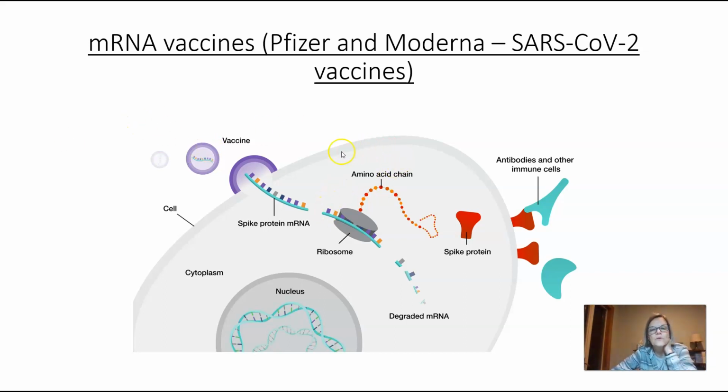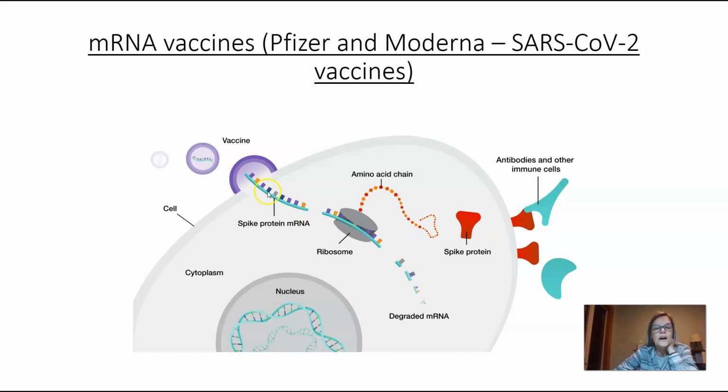So this would be like a muscle cell or an immune cell that this mRNA gets in. So here's that lipid bubble. And remember that our cell membranes are also lipid. So this will fuse with the cell membranes just in the region where you got the injection. And that mRNA is released in the cell.